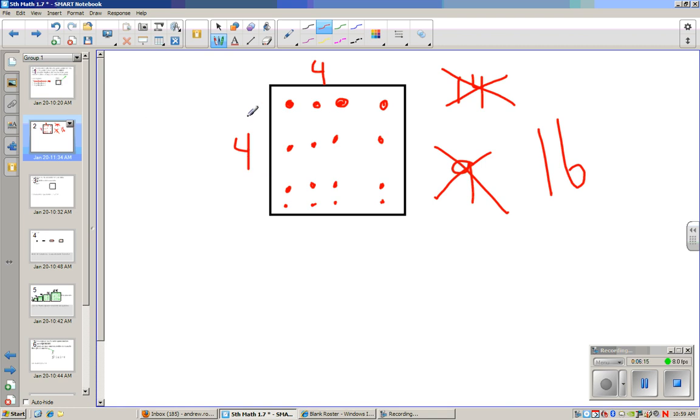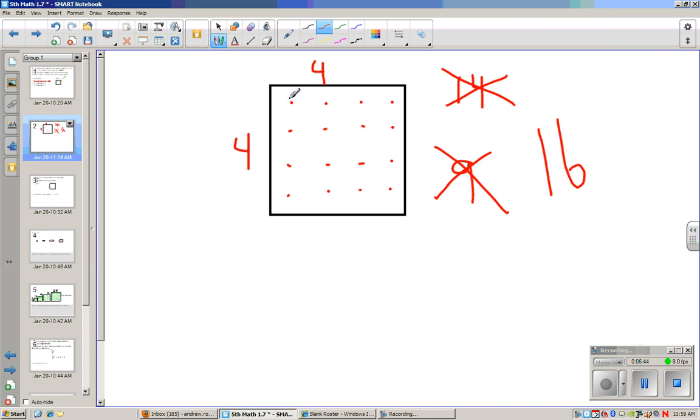So I can make a square array, and I can make it a little bit neater here. 1, 2, 3, 4. 1, 2, 3, 4. 1, 2, 3, 4. 1, 2, 3, 4. 4 in each row and 4 in each column.